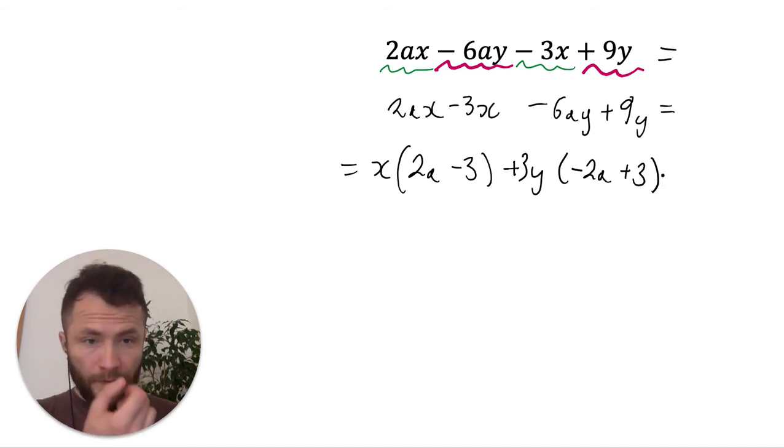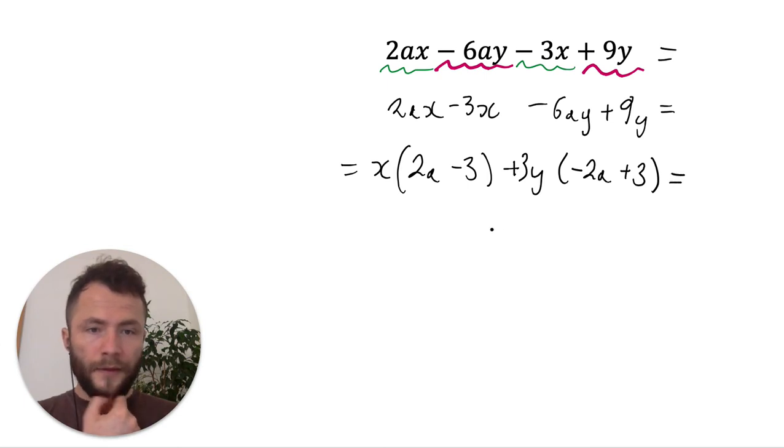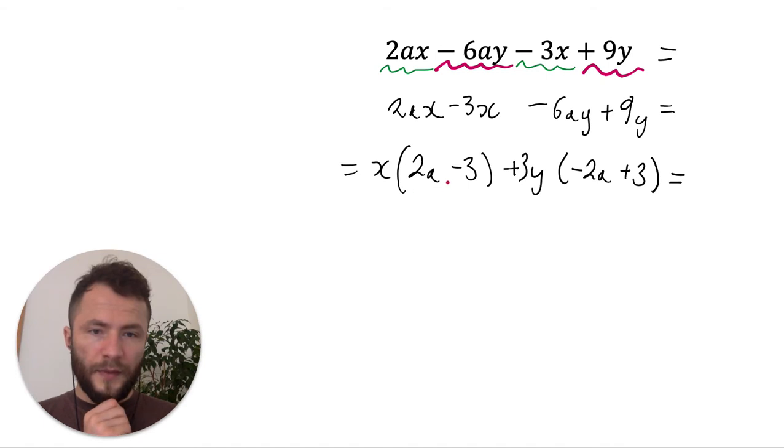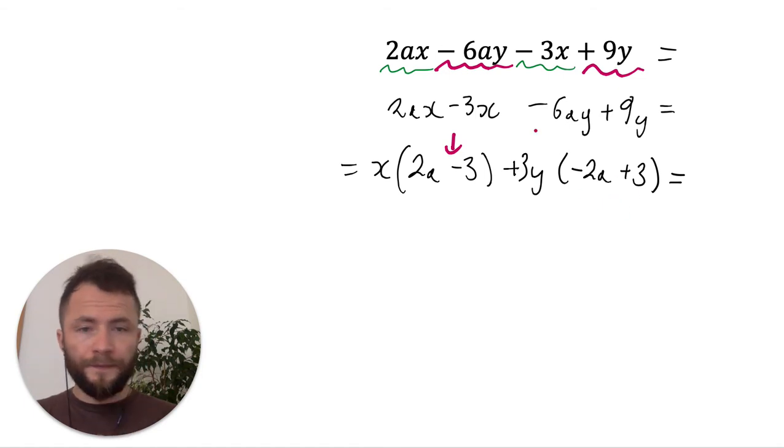So we're getting close because we have two brackets over here, but we have a little problem because in the first bracket we have a minus between the two terms. In the second bracket we have a plus. So what we can do is take a minus out of the bracket, so we can multiply this whole thing by minus 1. And if I do that, I would change the sign of the term in front of the bracket.